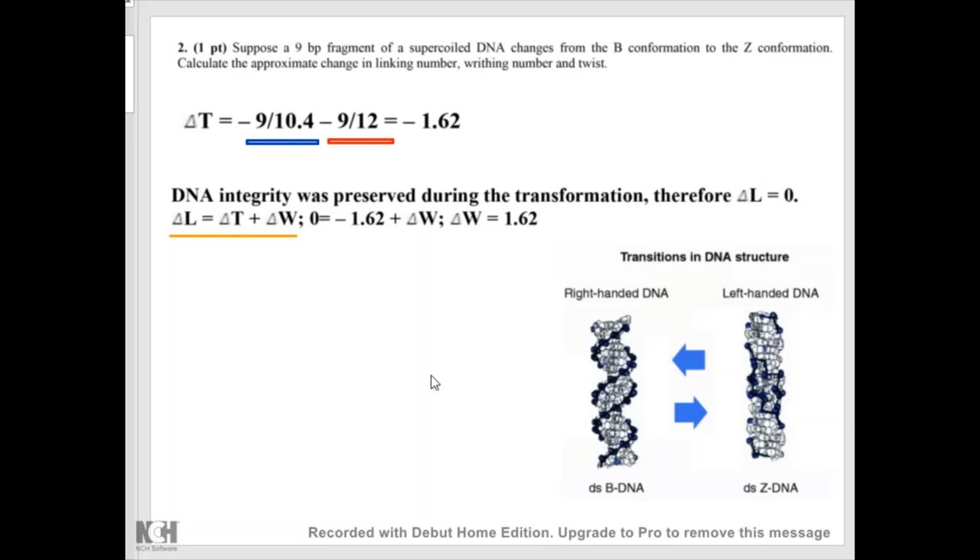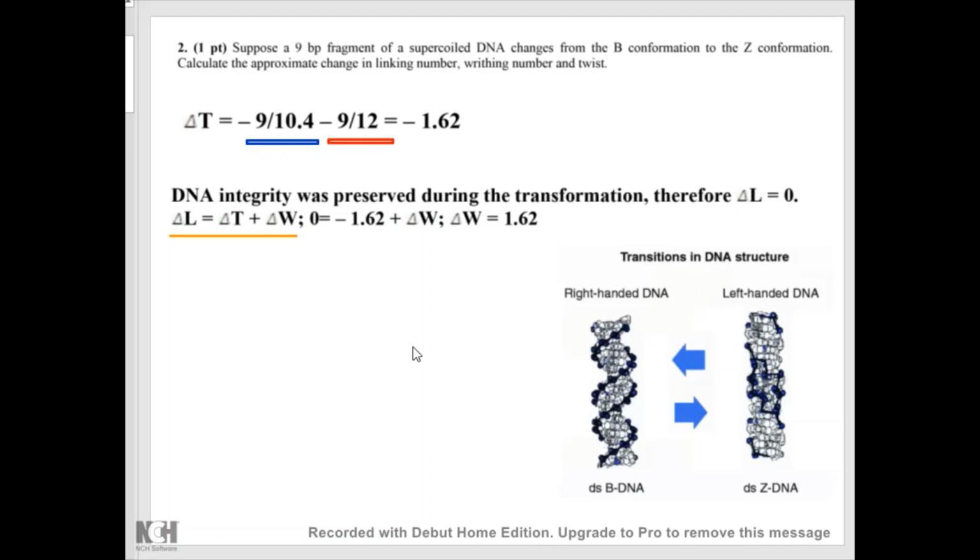In the lecture, when I talked about supercoiled DNA, I mentioned that linking number is changed only when the integrity of double-stranded DNA is disturbed, meaning that you have to make a break in DNA, a covalent break in DNA strands, and only after that the two strands can be separated from each other.